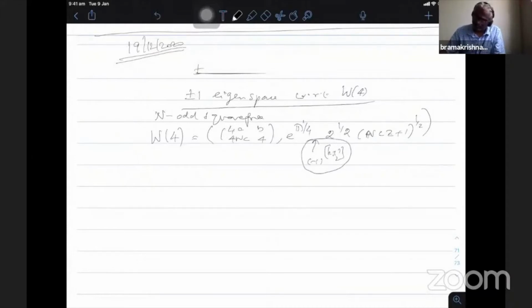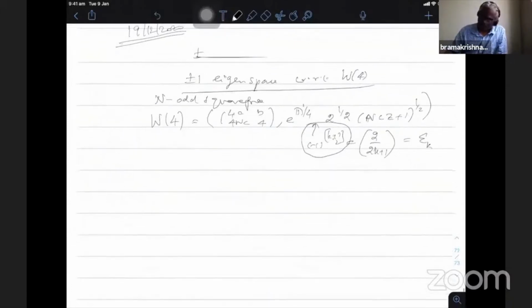Note that this is exactly the symbol 2 by 2k plus 1, and this we denoted by epsilon k throughout this talk. Instead of writing the symbol, epsilon k is plus minus 1 according to the parity of k modulo 4. So that is the difference. Whenever W4 is concerned, when I refer to the previous work, this epsilon k factor will be there. So that is the difference.